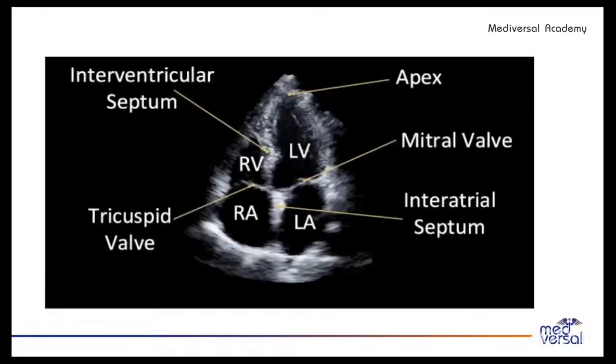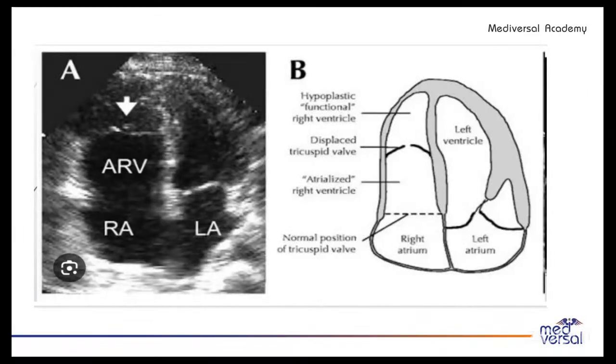And this was the image showing a normal apical four chamber view, which was showing LA, LV, mitral valve, RA, RV, and tricuspid valve, and interventricular septum and interatrial septum. See, this image I am showing was one of the echo images showing Epstein's anomaly.